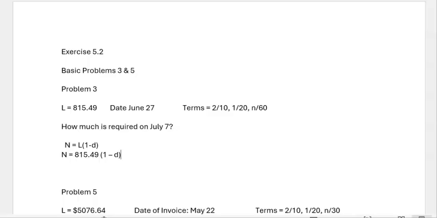The date on the invoice is June 27th, and we've decided to pay it on July 7th because we've got money in our bank account. On July 7th, what term fits? If it's June 27th, we count from the next day.